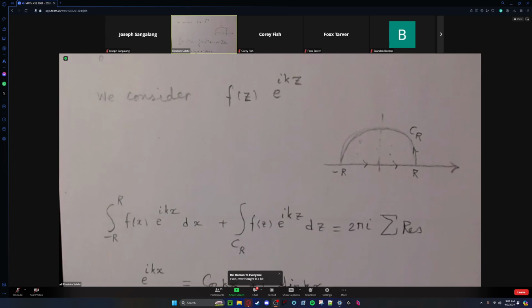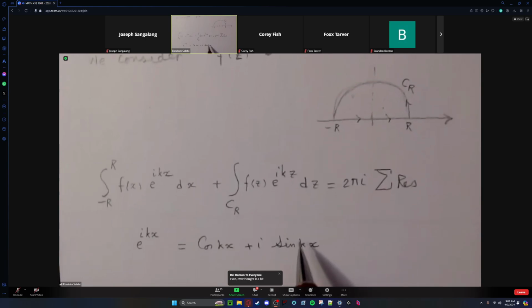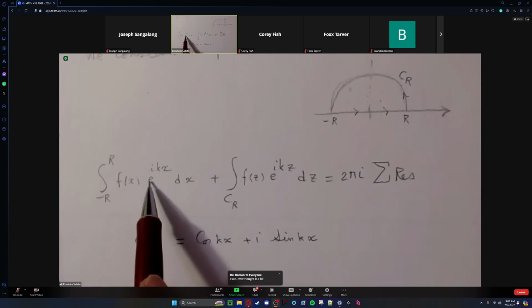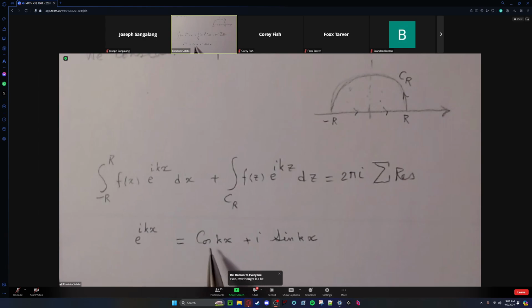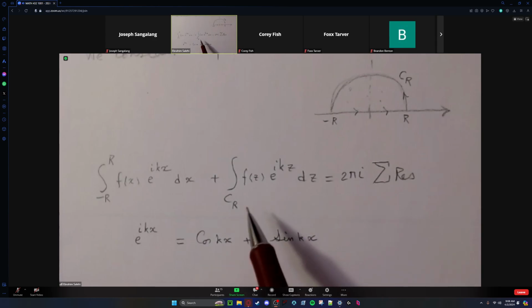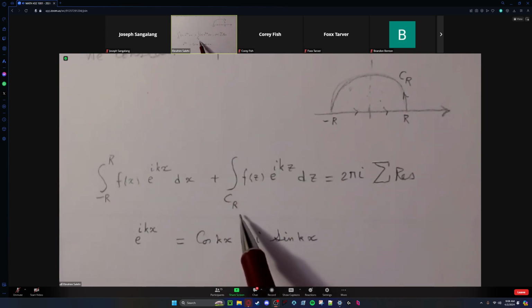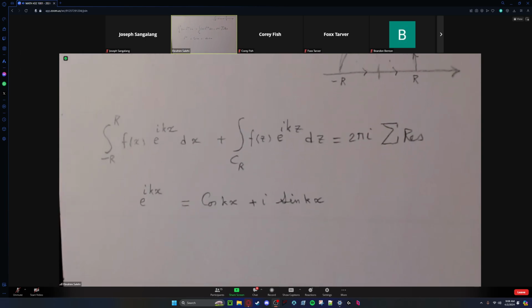So if you use this one here, we will have two integrals. Right? One of them has cosine of kx, the other one sine of kx, but with i. We need to make sure that this goes to zero. All right? So here is a fact.